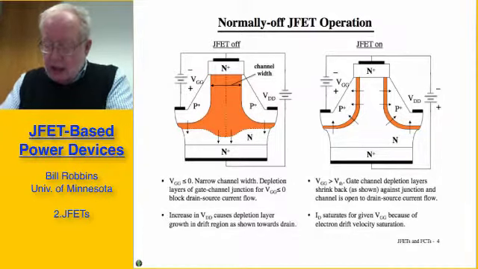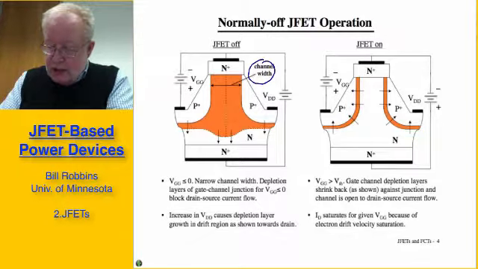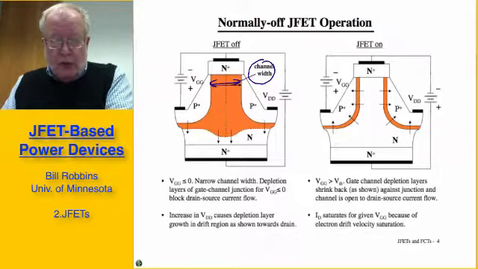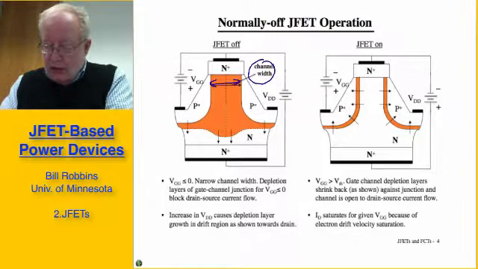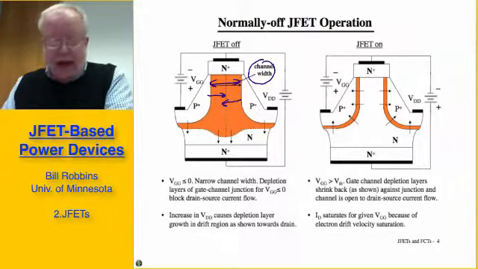In order to do that, the channel width, which is the dimension that I've indicated on the drawing right here, has to be fairly narrow, on the order of only a few microns to perhaps 10 microns, so that the zero bias depletion layer width between the P plus diffusion that forms the gate and the N minus channel region reaches halfway across the width of the channel in this direction, and on the opposite side it reaches across here. If that happens, then the channel is completely depleted of carriers, and hence we have a blocking junction.